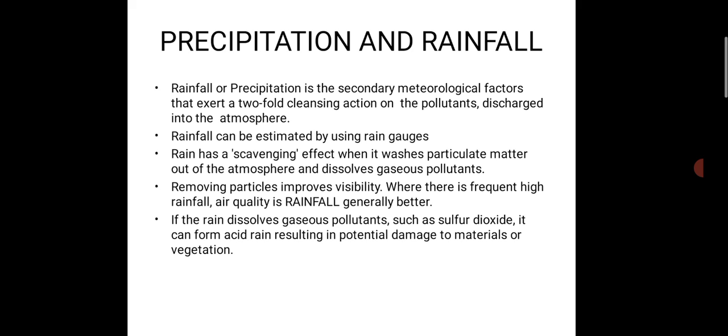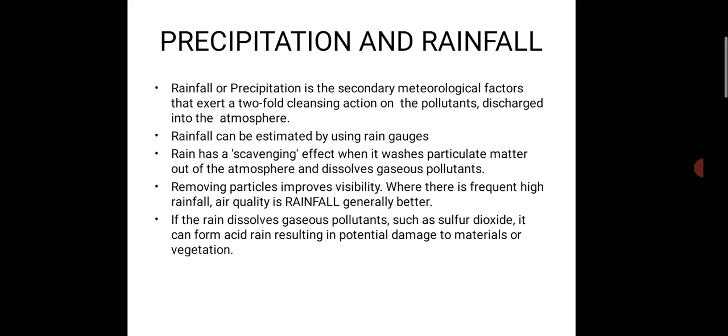Next parameter is precipitation and rainfall. The rainfall or precipitation is the secondary meteorological factor or parameter that exerts a twofold cleansing action on the pollutants which are discharged into the atmosphere. The rainfall can be estimated by using rain gauges.